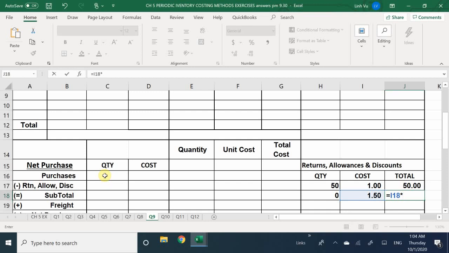So 150 items times $1.50 gives us $225, and 25% of that is going to give us $56.25.